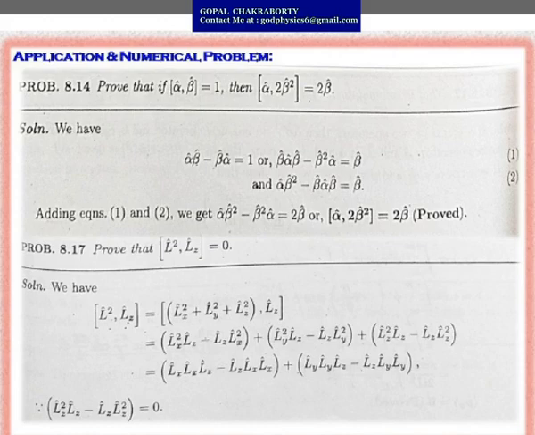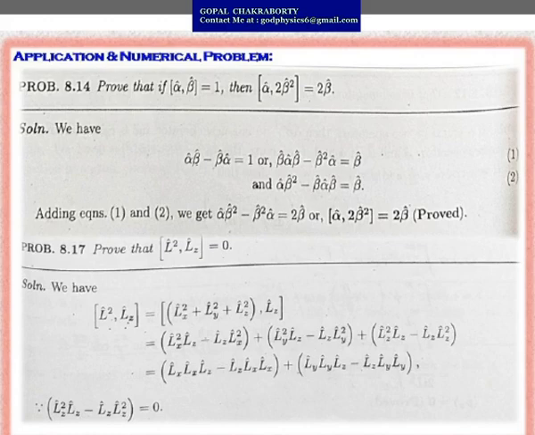Adding equation 1 and equation 2, we can write alpha cap beta cap square minus beta cap square alpha cap equals 2 beta cap. So this can be written as the commutator of alpha cap with beta cap square equals 2 beta cap. So it is proved.